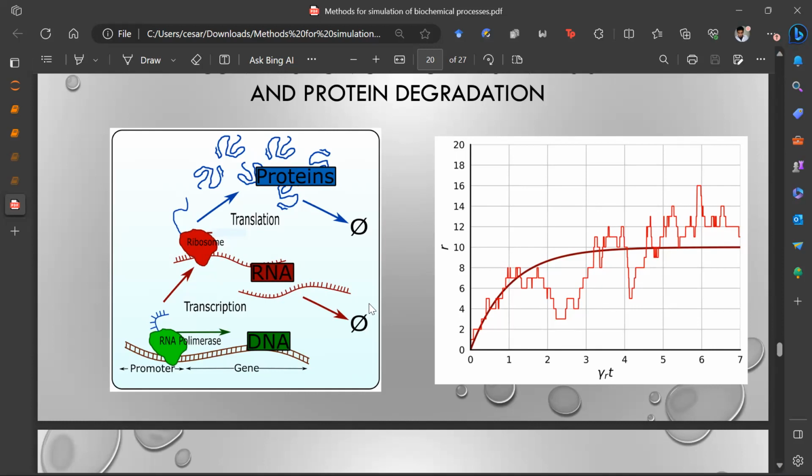So the RNA is a very short-lived molecule, and the proteins, on the other hand, are relatively long-lived. Those are the main differences, and essentially the noise of proteins can be related to the noise of mRNA.